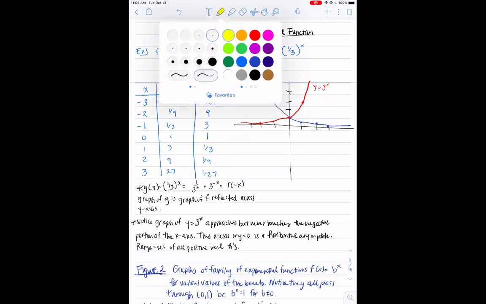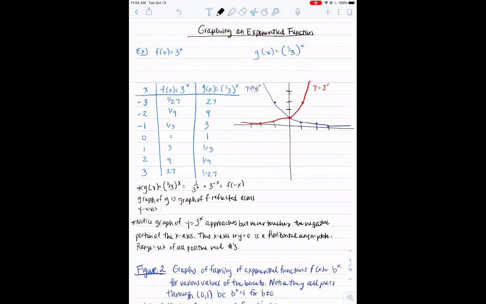Alright, so now we're going to look at graphing an exponential function. So we have our f(x) = 3^x, and then we also have g(x) = (1/3)^x. So here we can just plug in our values. So we have 3 to the negative 3, 3 to the 0, 3 to the 1, and so these are just powers of 3.